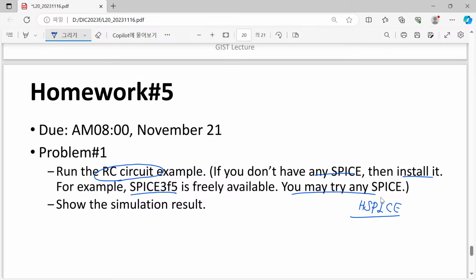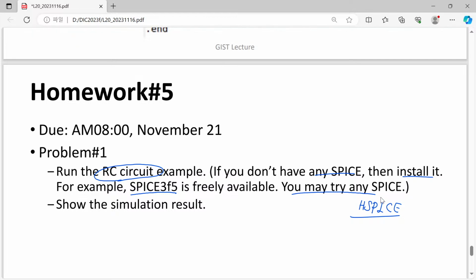But if you don't have it, then please try to. Don't restrict yourself to only the authentic old version, because you can find many variants of this SPICE. So then please show the simulation result.